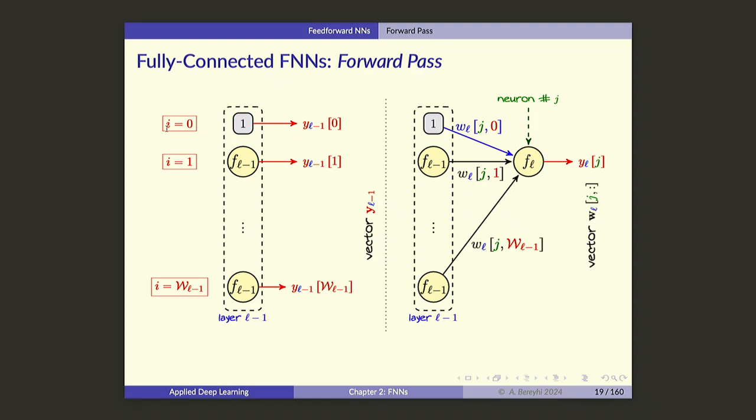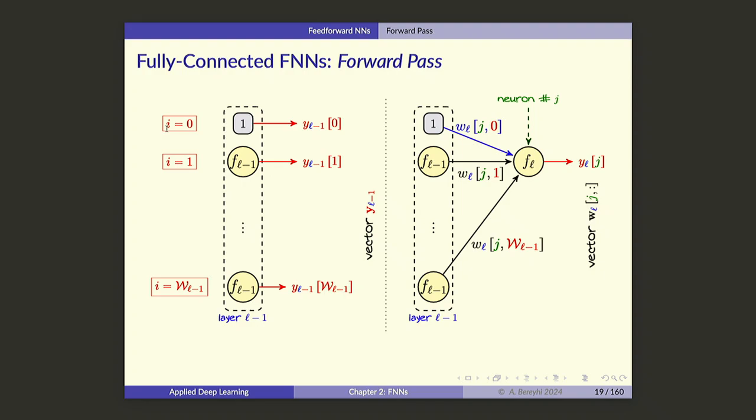So say this is layer L, and this is the previous layer, layer L minus 1. First of all, if L equals 1, then what is this layer? It's the input layer, right? If L equals 2, then this is the second layer, which could still be a hidden layer.